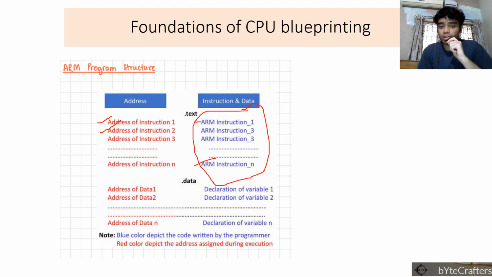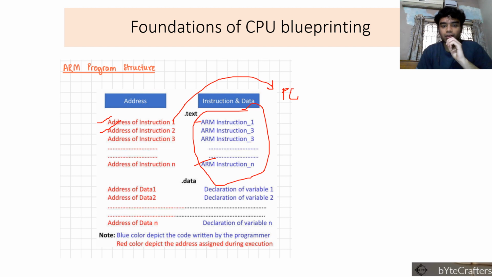Once all of these instructions get assigned to memory, the first instruction to be executed goes to the PC, and from the PC it gets executed. CPSR values are updated, and the PC updates to the next instruction.